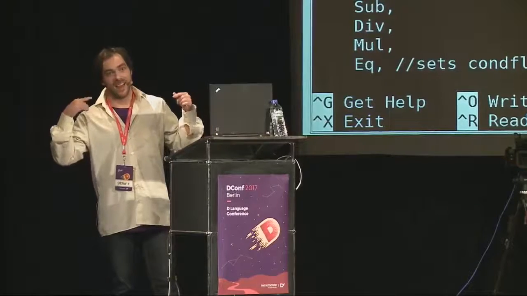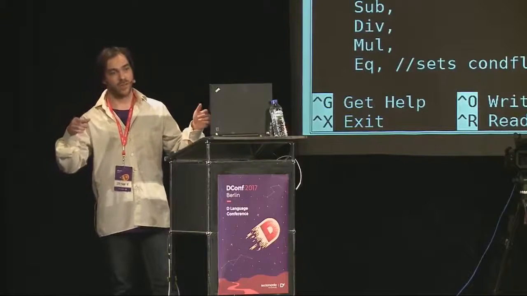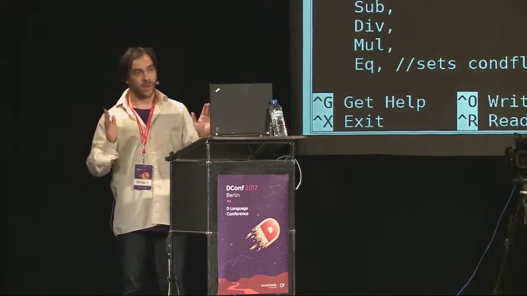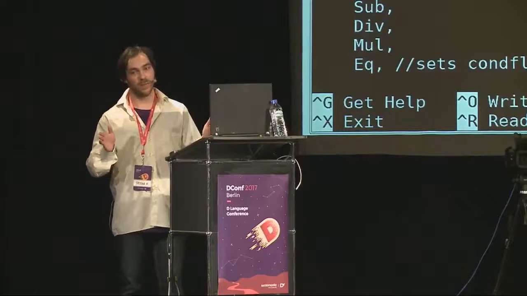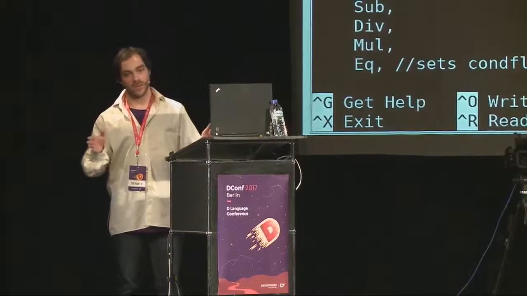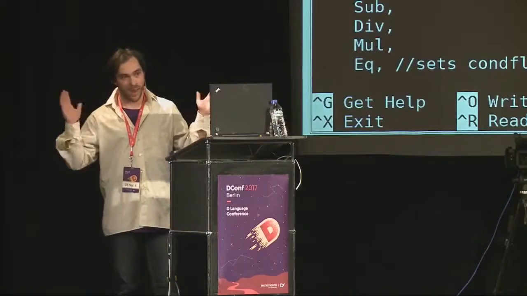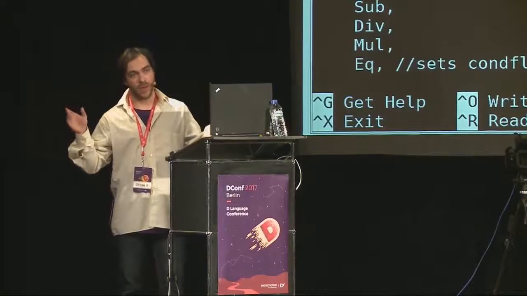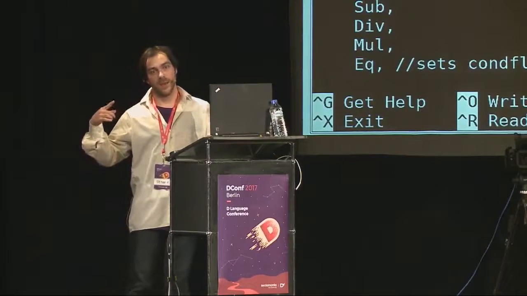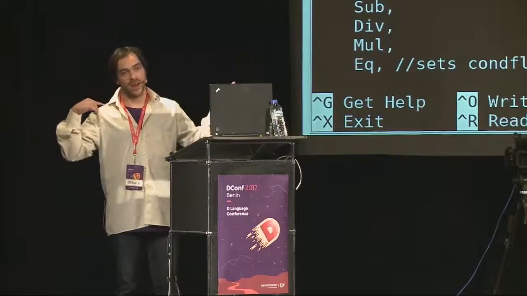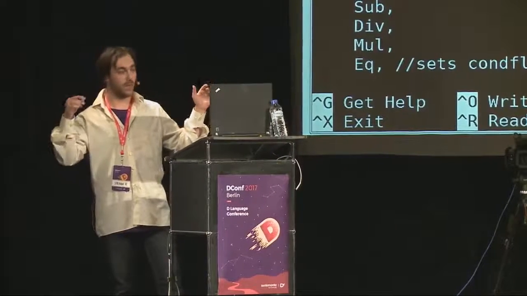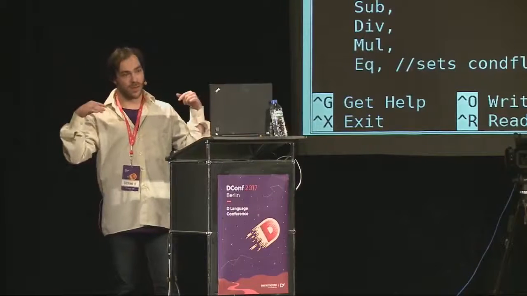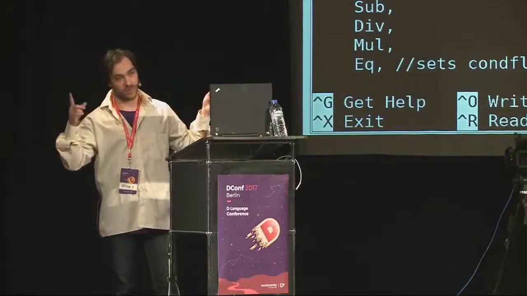Don't add instructions just because you think the assembly language is going to be easier to program in, because at the end of the day you aren't going to write that much assembly, and the compiler has an easier job if your instruction set is not that convoluted and doesn't have that many special cases.